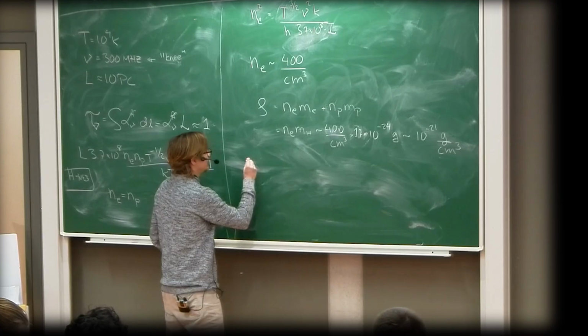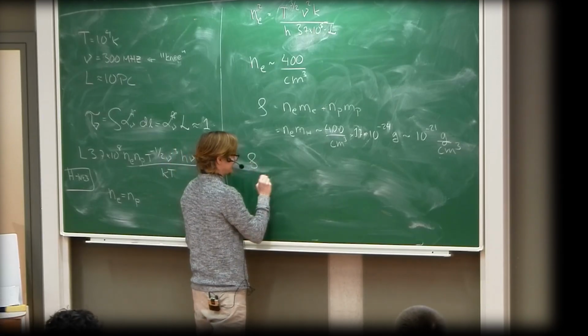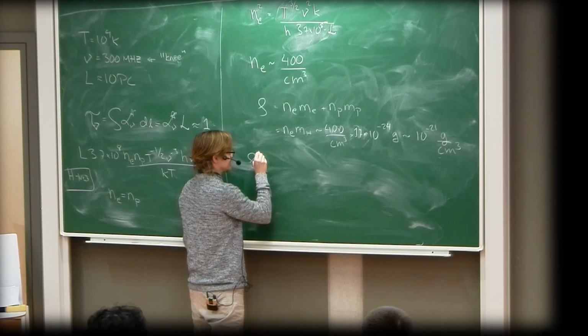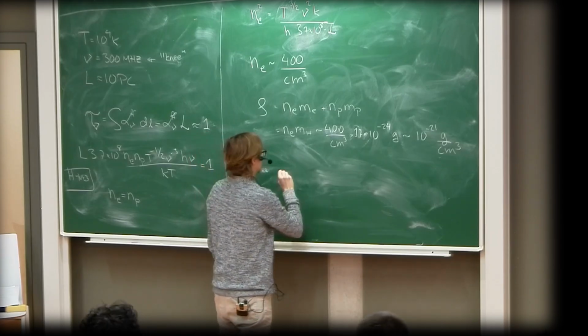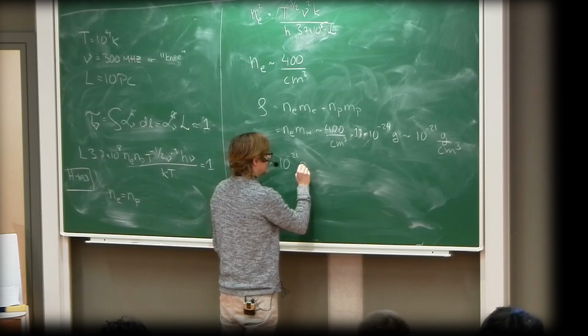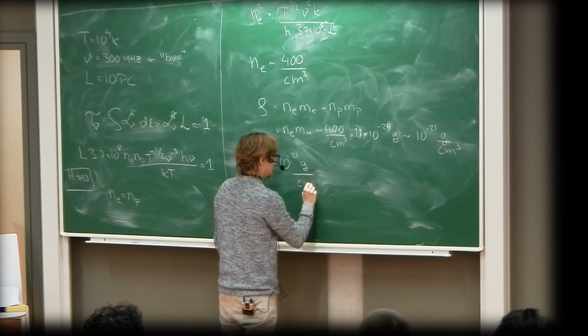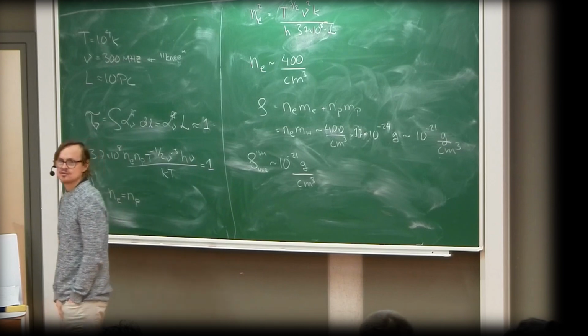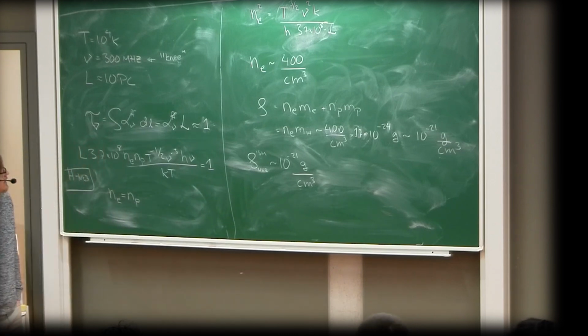So, the density in the nebula, which is a property of the interstellar medium, is on the order of 10 to the minus 21 grams per cubic centimeter. You can do similar things to estimate the mass in the interstellar medium around there.